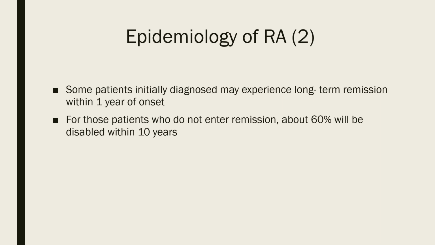So, some patients initially diagnosed may experience long term remission within 1 year of onset. However, for those patients who do not enter remission, about 60% will be disabled within 10 years.